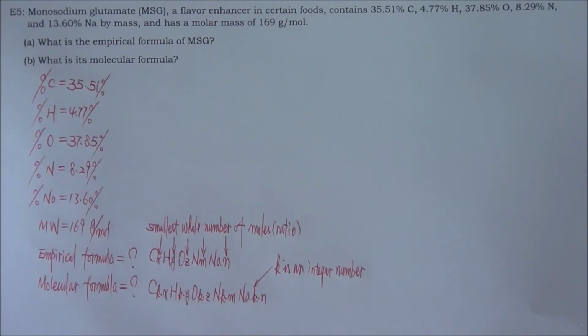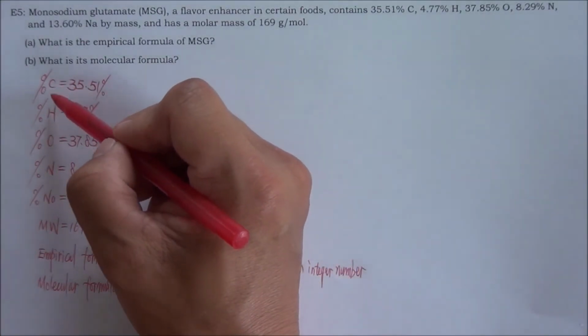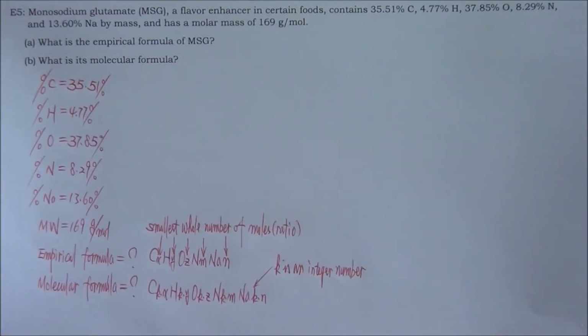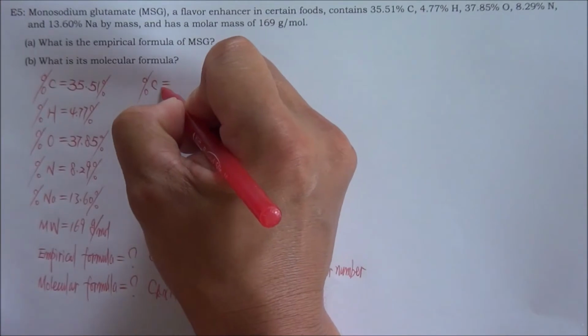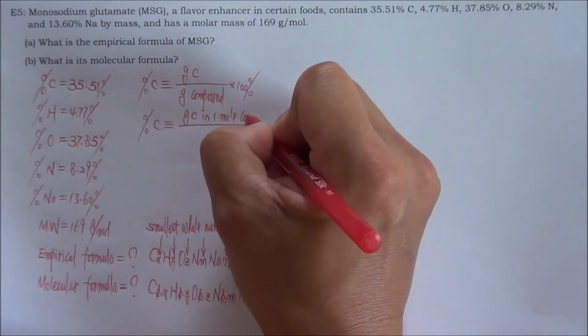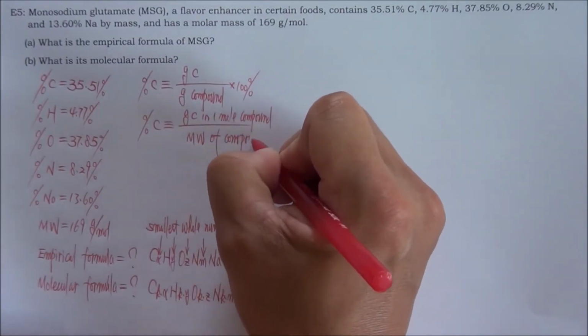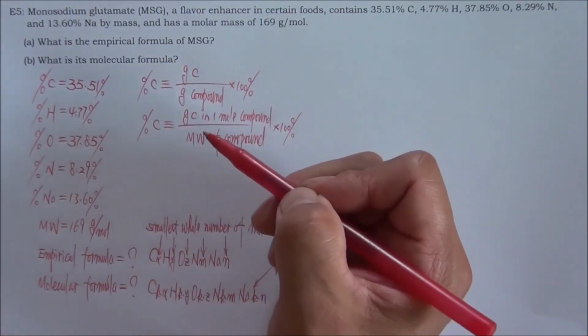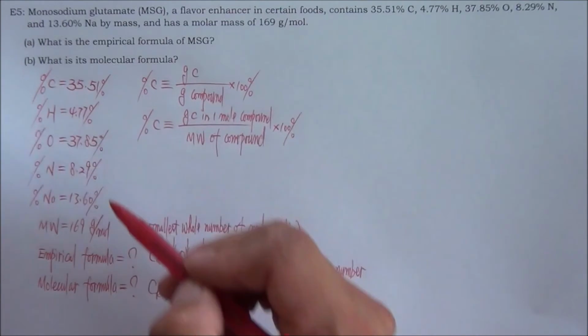Then let's look at what we are given. We are provided the percentage of mass of all elements. Then let's look at the definition of the percentage of mass. Let's use carbon as an example. The three-line symbol represents that this is a definition.